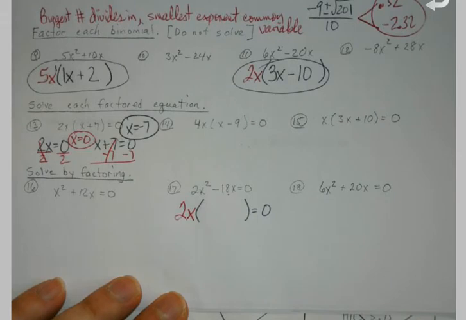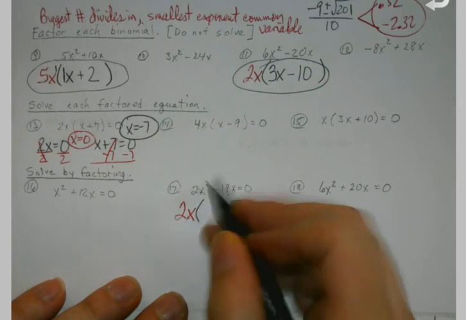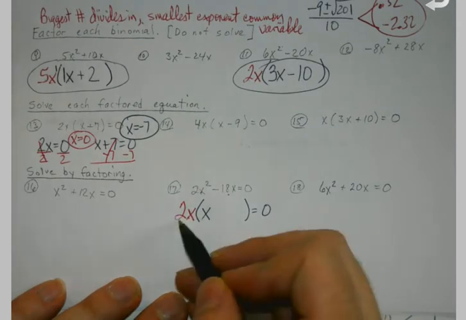And once I do that, I've already got the 2, but I've only got 1x, and I need to get to squared. So I'll use x. How to get from 2 to negative 18?